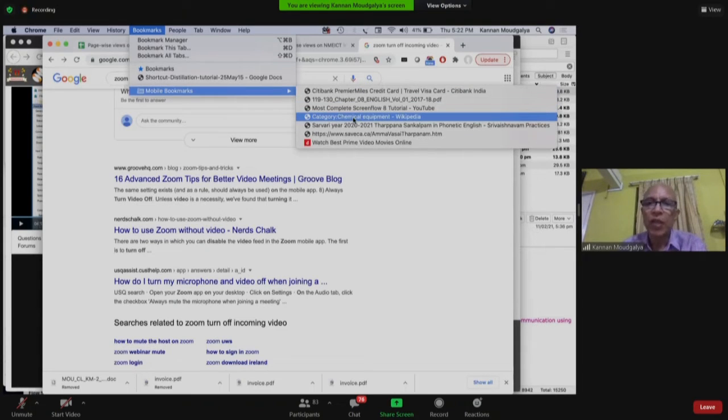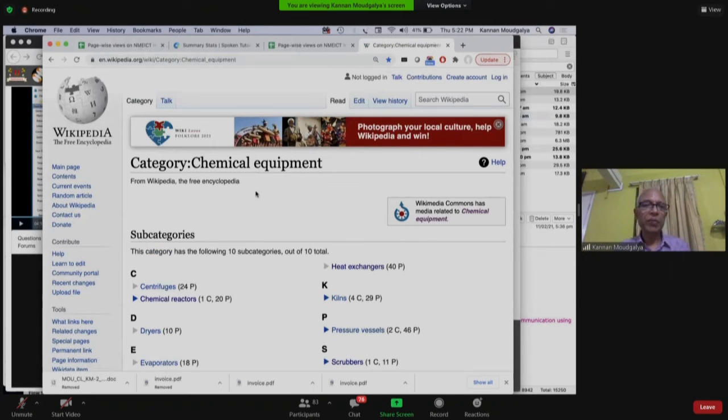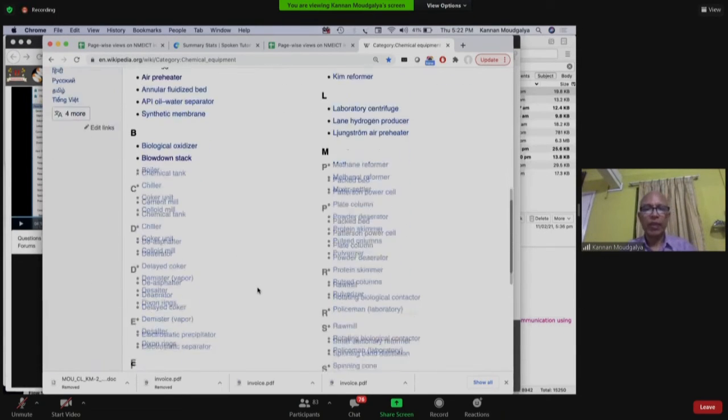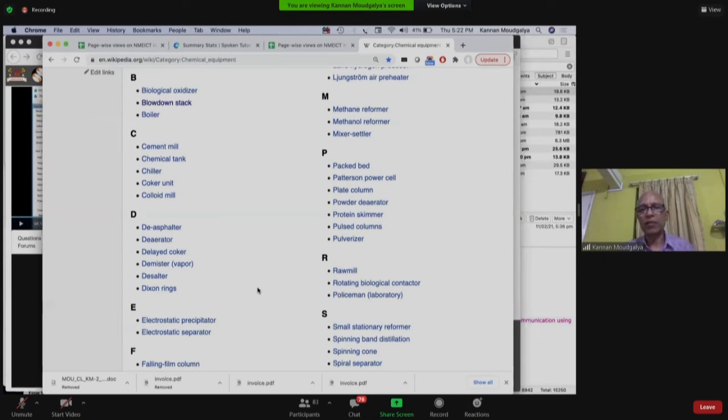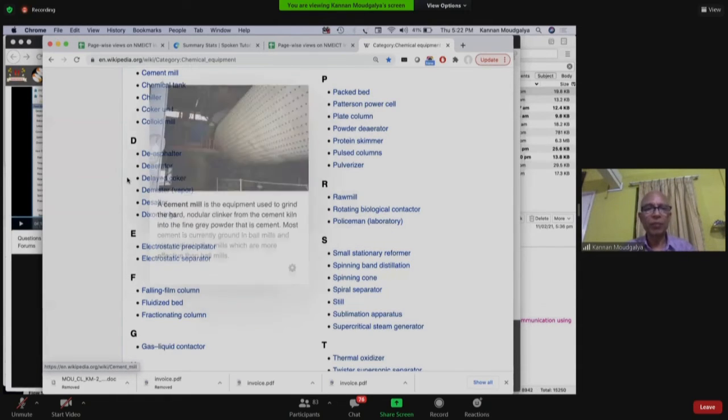Here it is. If you look at category chemical equipment, Wikipedia, there are many equipment, lots of things available here. Protein skimmer, powder deaerator, plate column, coker unit, chemical tank, cement mill, and so on.